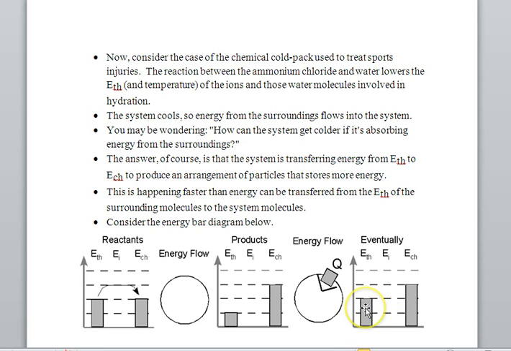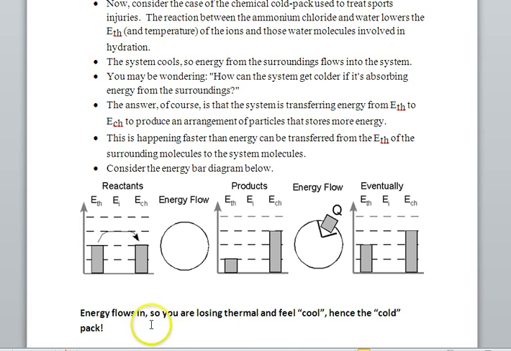And again, because you're on the outside of the system, you feel cool, hence the term cold pack. So again, this is an endothermic reaction. The products inside that cold pack are holding more energy than they did before the reaction, and they're getting that energy from outside the system, and to us that feels cool then.